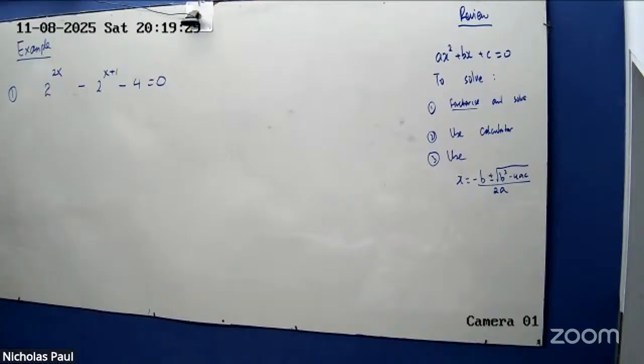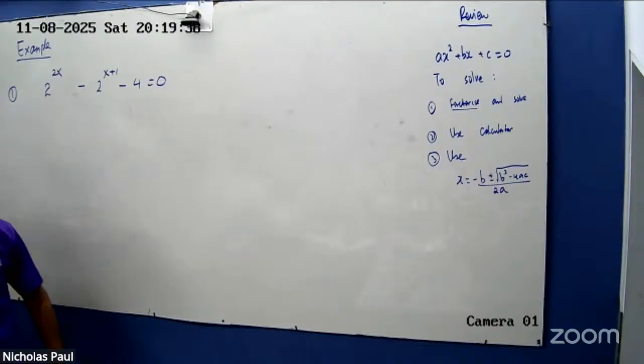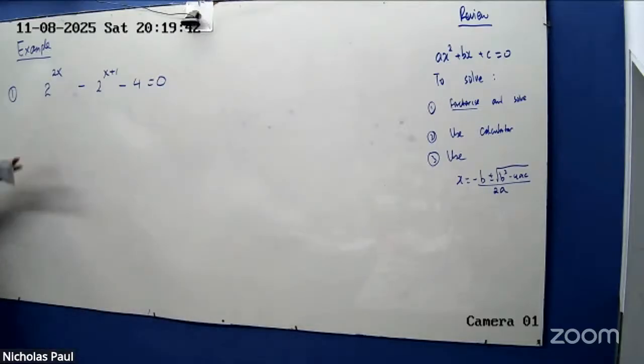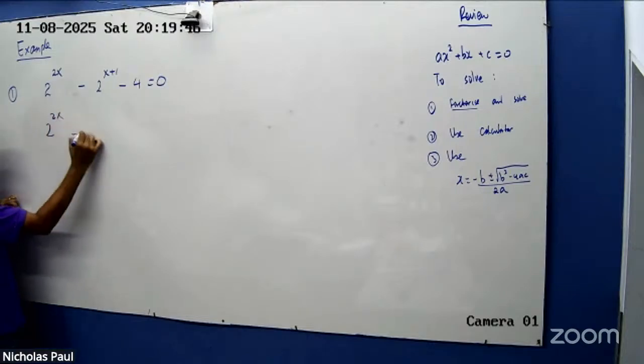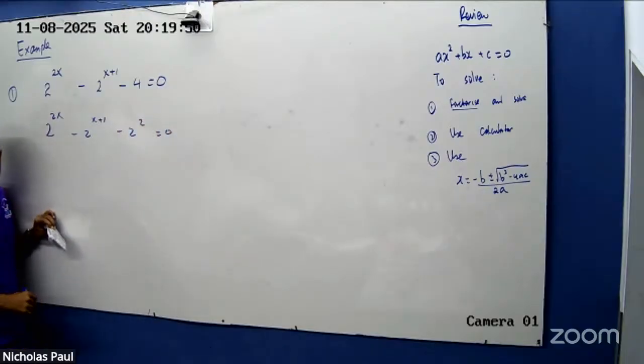Take a look at this particular one here. Can we convert all to the base 2? I'm going to show you the wrong thing first.